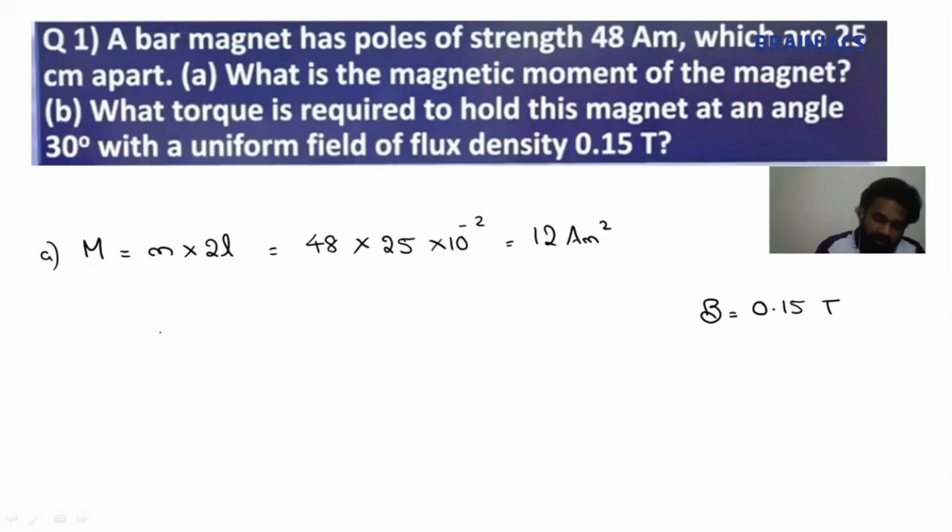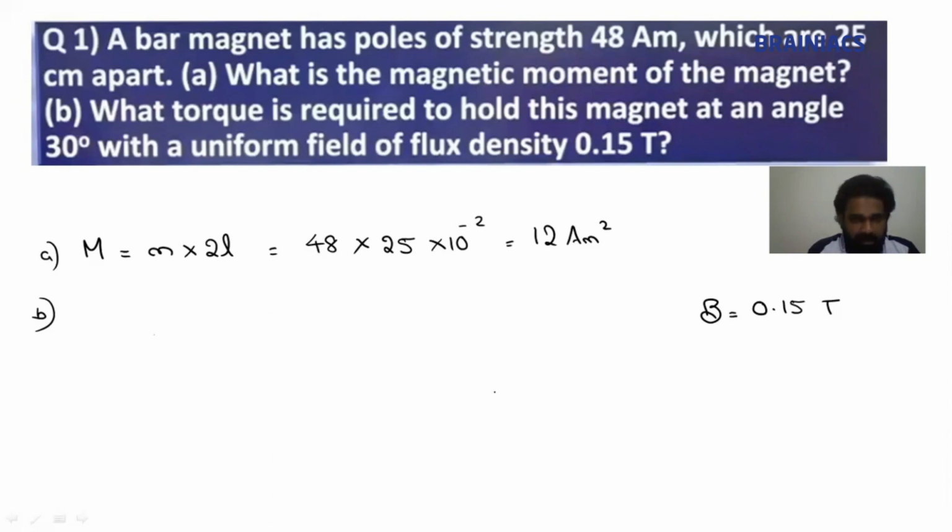What torque is required? See, in this question, suppose if we directly find out torque, you pause the screen and find the answer for this question, and please be ready with the answer. Okay, hope you have completed. So you might have done it this way: mB sine theta.